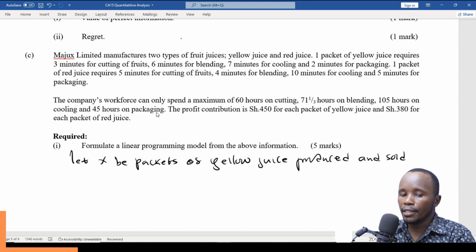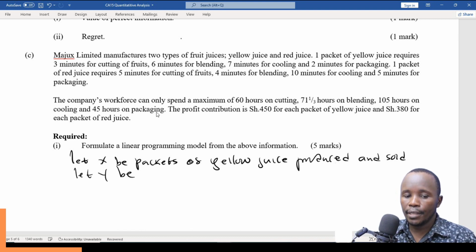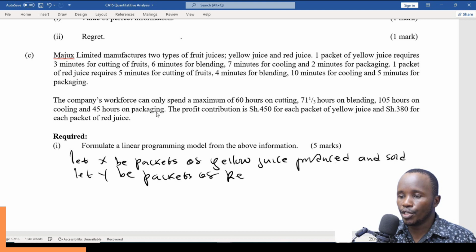And similarly, let Y be packets of red juice produced and sold.